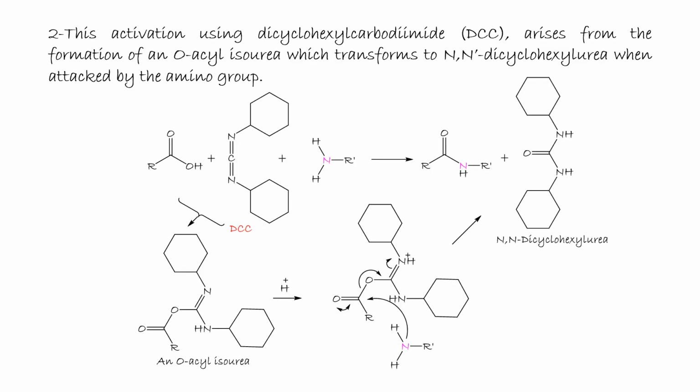Another method is to activate the carboxyl group using dicyclohexylcarbodiimide, DCC. That acid with DCC will lead to the formation of O-acyl isourea, which upon protonation on this nitrogen makes this carbon highly active toward nucleophilic attack.